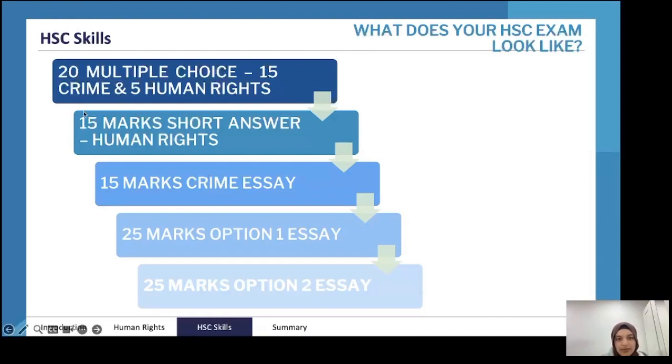We've then got 15 marks of short answer, which is coming straight from the human rights section. So just make sure that you are practicing human rights, and obviously these two are core, so everybody would be doing that. Everyone who's doing legal studies would have studied these. Again, there are many past papers on the NESA website for you to access.